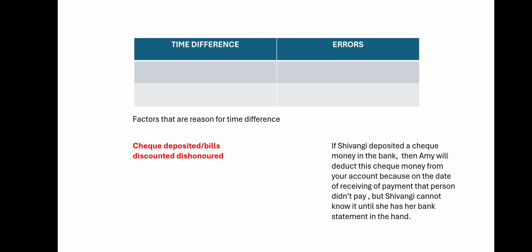Bill discounted dishonored means, for example, Rahul has to receive some money from someone who is a debtor. That person said he will pay the money to Rahul after 1 month. Rahul makes a bill on him and says okay, you can pay me after a month. But one day Rahul feels an emergency need for that money. He goes directly to the bank and says, can you give me the money early?